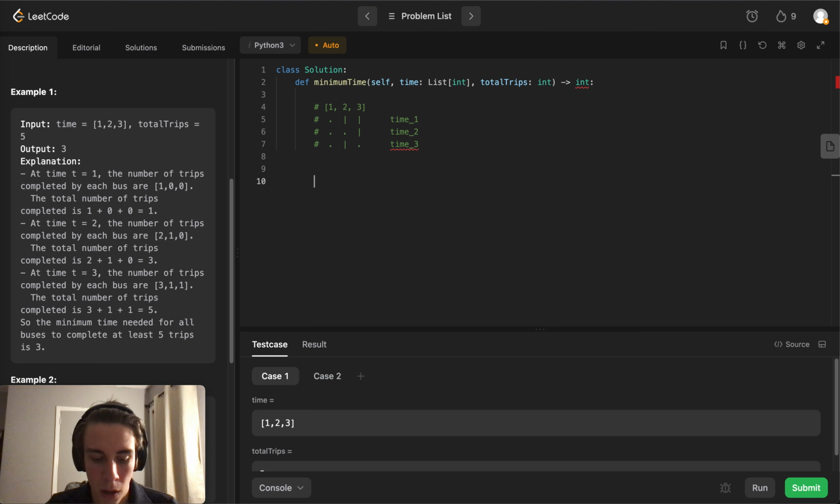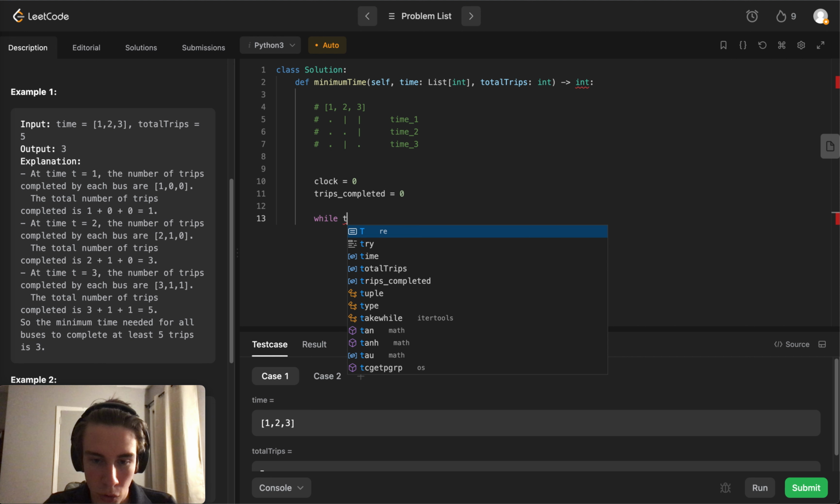We have a clock starting at 0, and we'll also have a variable trips completed starting at 0.